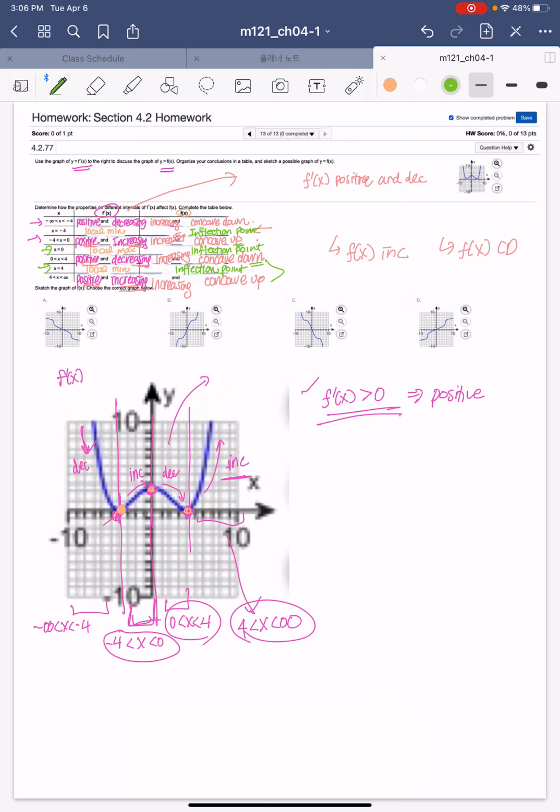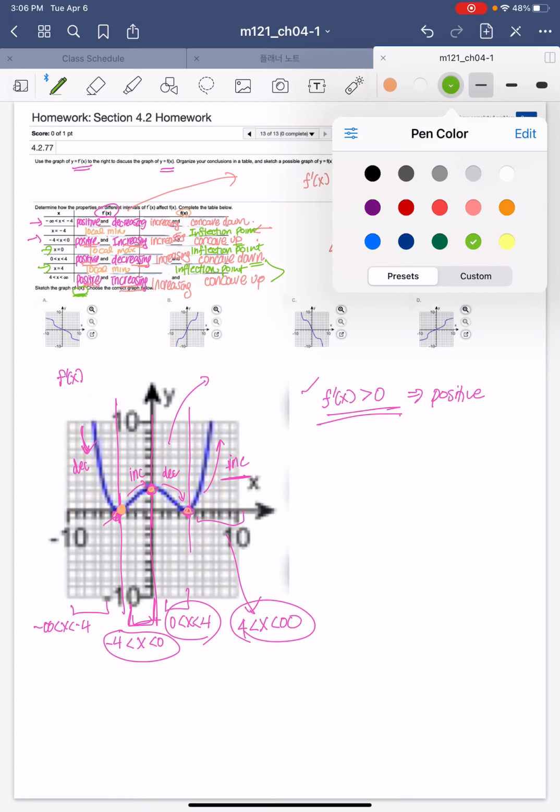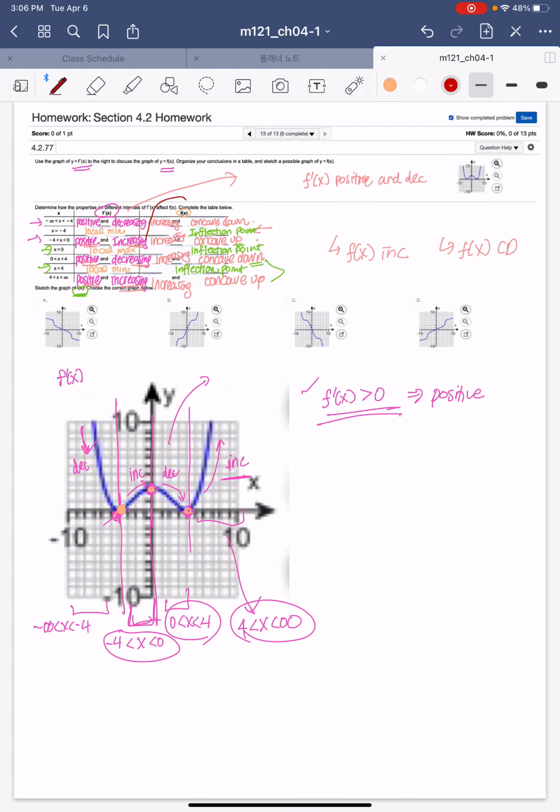All right, so that completes all the information about our original function f of x. Now, part B is asking you to sketch f of x. So I'm going to be using this entire column right over here to create a graph.